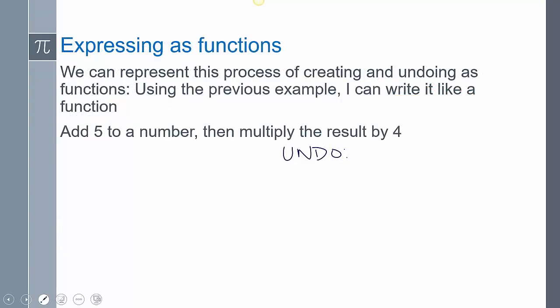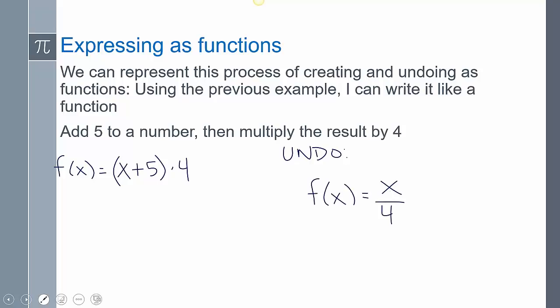Now if I want to rewrite what I just said, I can express that as a function: my number plus 5, all of that times 4. I can also express the whole quote-unquote undoing as a function.